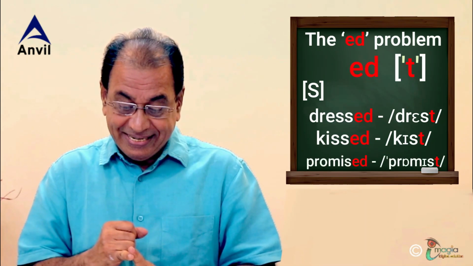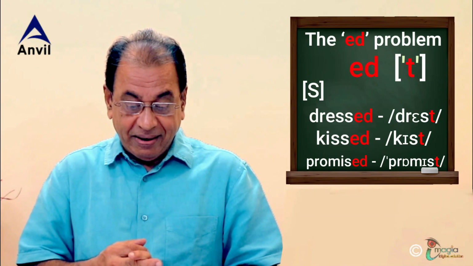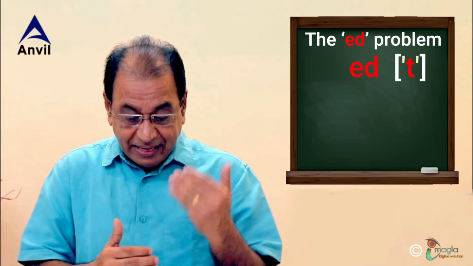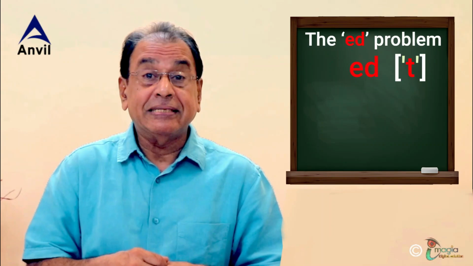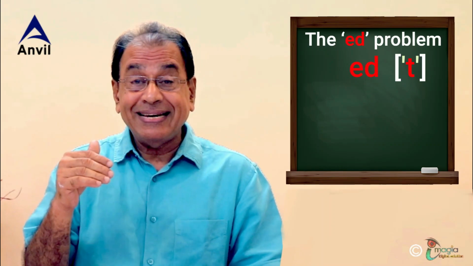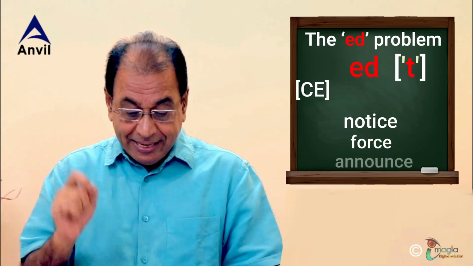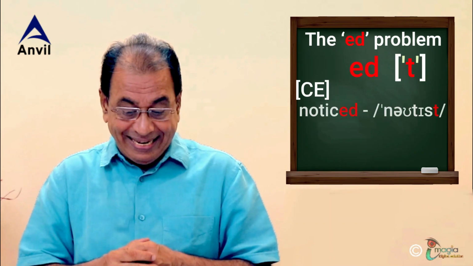So, trusted, kissed, and promised. Okay, there it becomes T, it's not D. And the second set of words I would like to bring to your notice is words that end in CE, notice, force, announce, etc. So all those words also end in T.